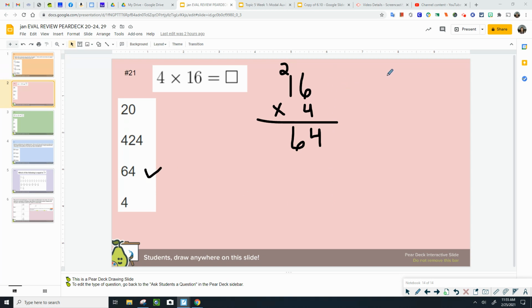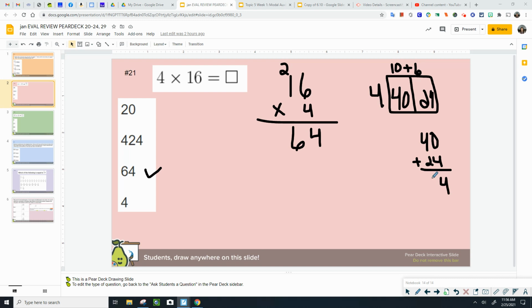Check it. Do box method, right? Put your 4 over here and your 10 plus your 6. This is 40. This is 24. When I add them up, I get 64.